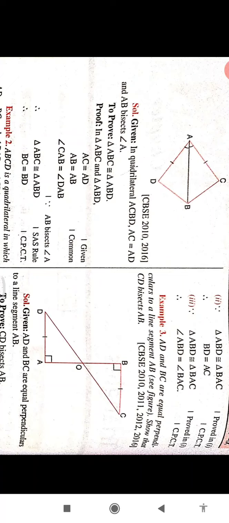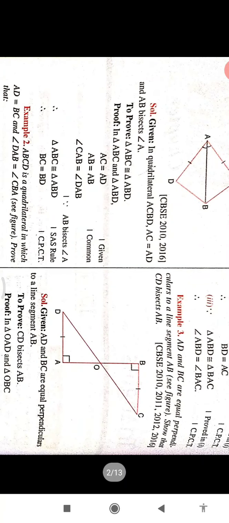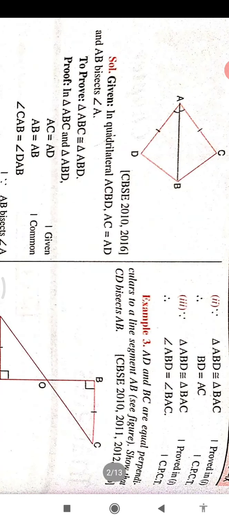Therefore we can directly prove BD equal to AC, the two diagonals are equal. We have proved that by the theorem congruent corresponding parts of congruent triangles. CPCT means corresponding parts of congruent triangles. So we can prove the second result, BD equal to AC, both diagonals are equal, from this figure.